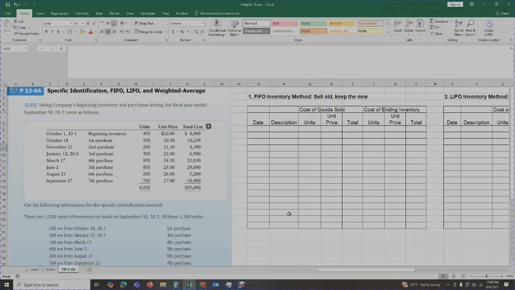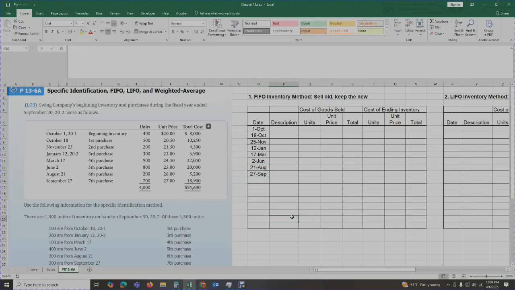So what I'm going to do is just enter the dates. We've got October 1st, October 18, November 25th, January 12th, March 17, June the 2nd, August the 21st, and September 27th.